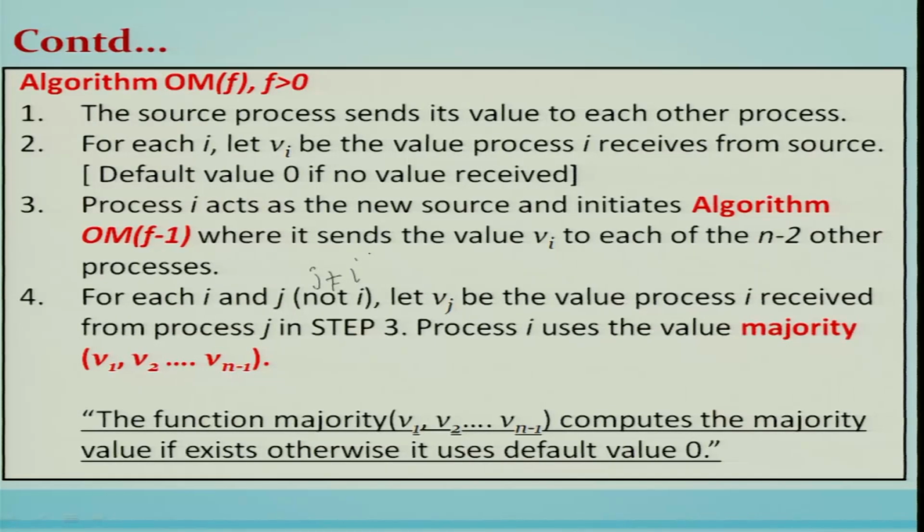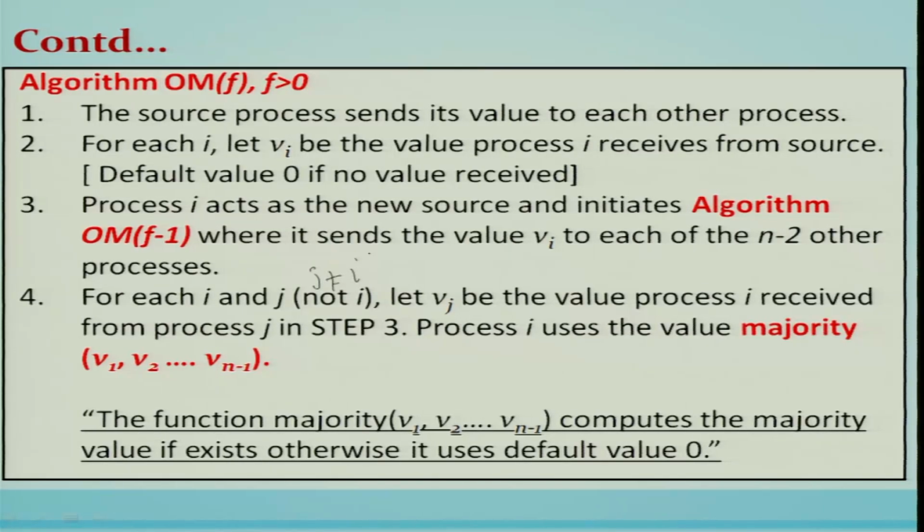In step 3, process i uses the majority function on the values v1 to vn-1. The function majority computes the majority value if it exists, otherwise it uses the default value of 0.